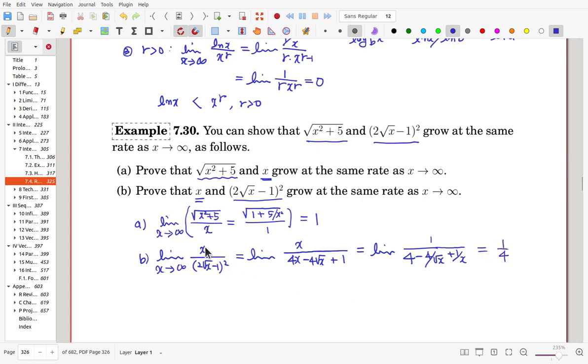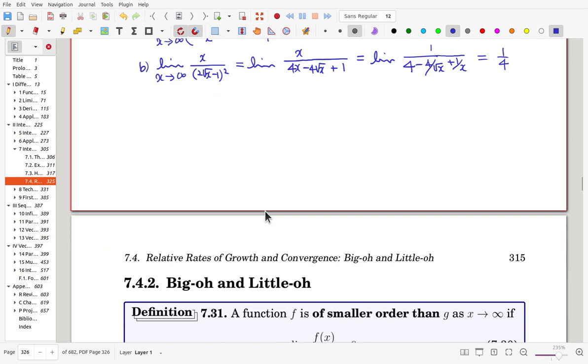That means x and 2 square root of x minus 1, squared, are growing at the same rate. So by using these two claims, we can conclude that these two functions grow at the same rate as x approaches infinity. Okay, this is the end of part 1.